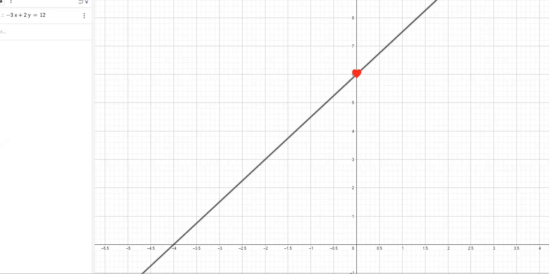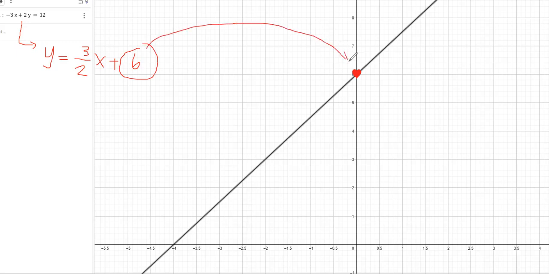As you can see in our function, remember this function here, we rewrite as y is equal to 3/2 x plus 6. So this plus 6 is the y-intercept. Hopefully that one is clear.